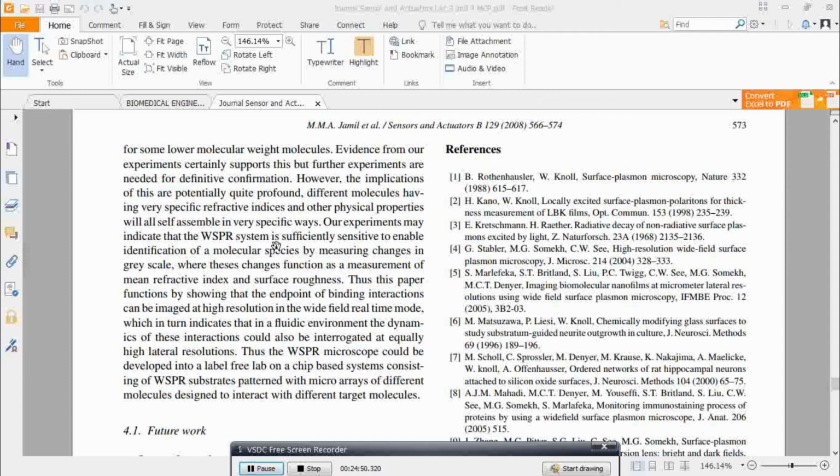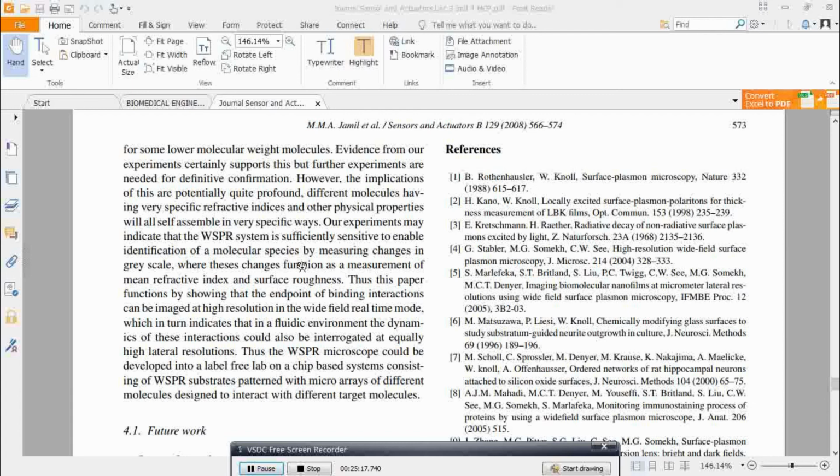From this paper, I would like you to also explore another application, or papers and studies, on cell imaging. This paper is on what we call protein binding. So I want you to find out papers on cell imaging. It's the same work I did back about seven to eight years ago.